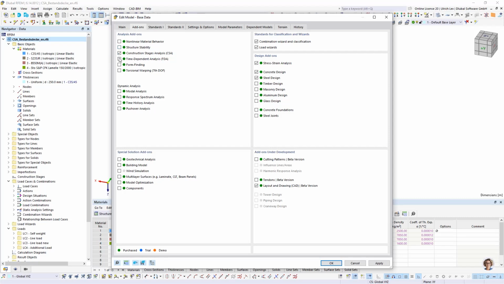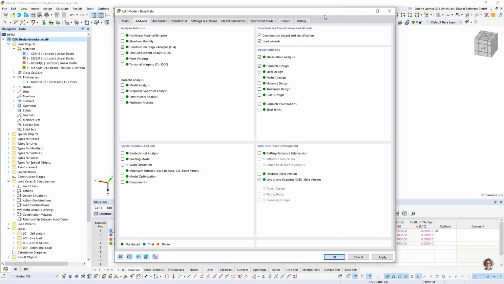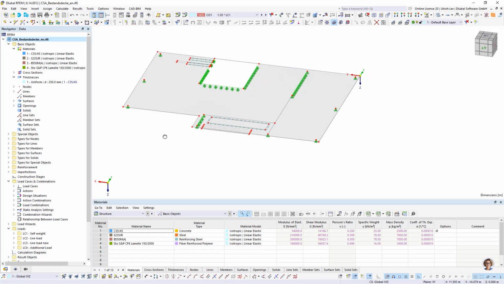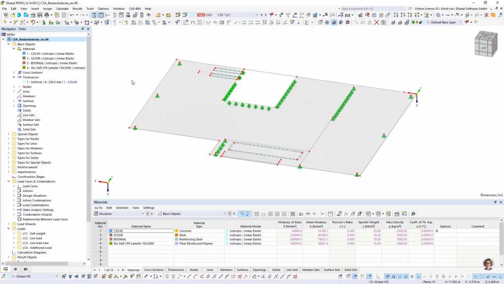The most important thing is the construction stage analysis add-on, and additionally I activated the concrete design, the steel design, and the stress-strain analysis as well. For the additional tabs, I did not change anything, so there are the default settings. Okay, so then we can continue with the system.